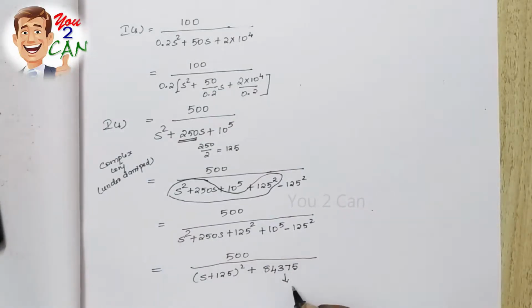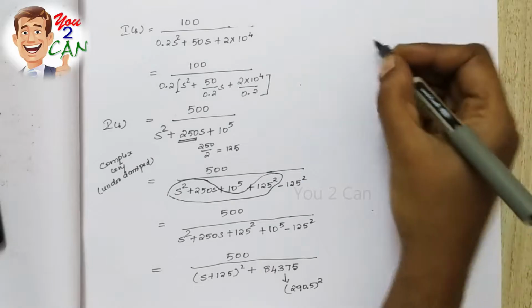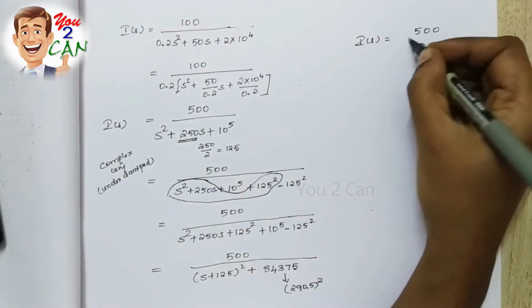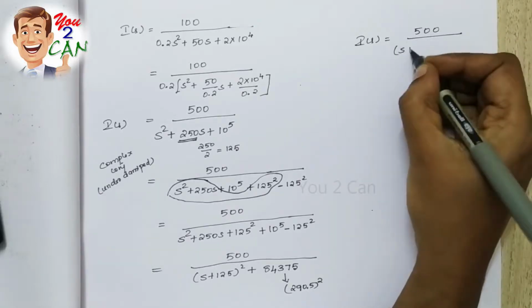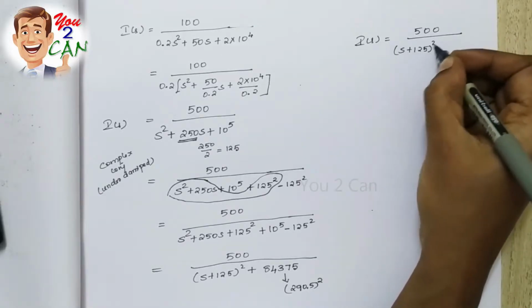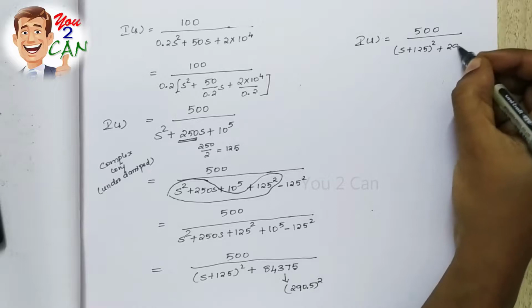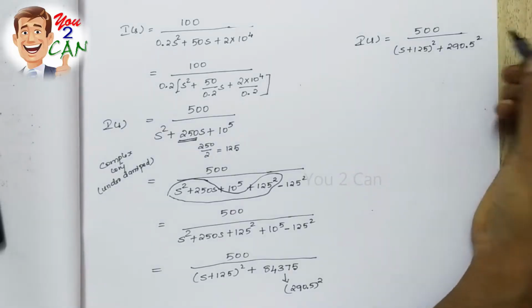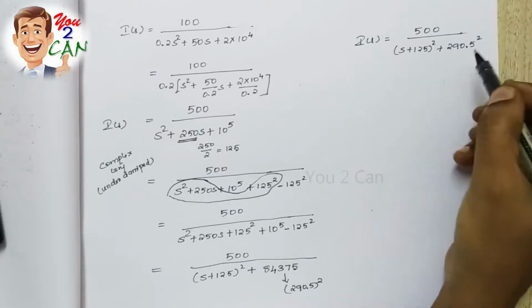Square root of this is 290.5. So we can write this 84,375 as 290.5 the whole square. So I of s is equal to 500 divided by s plus 125 the whole square plus 290.5 squared. Now we have to take Laplace inverse for this.